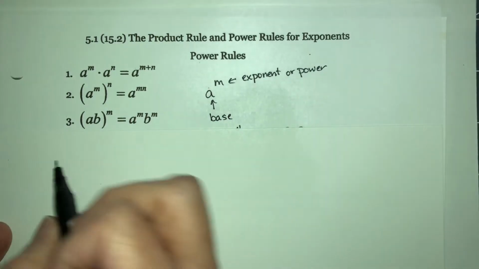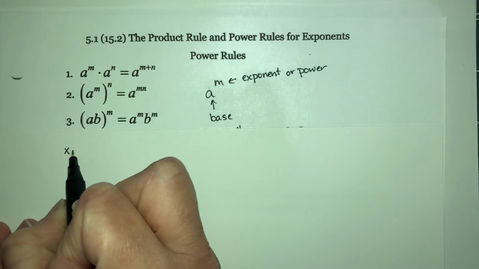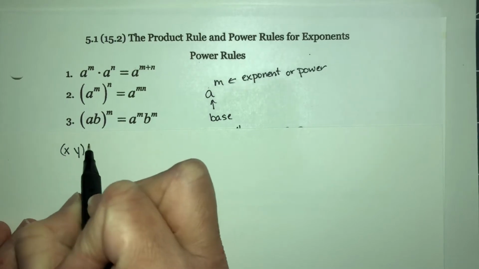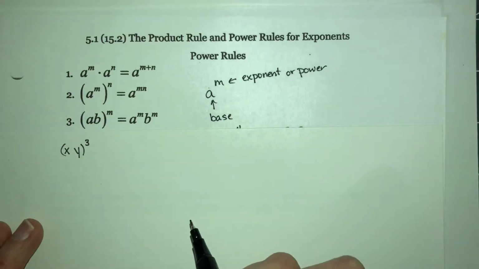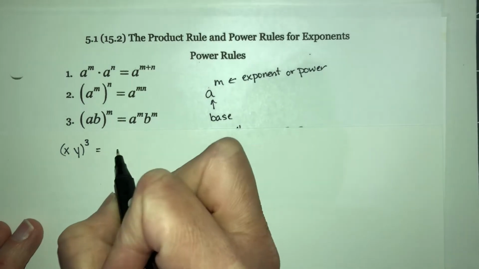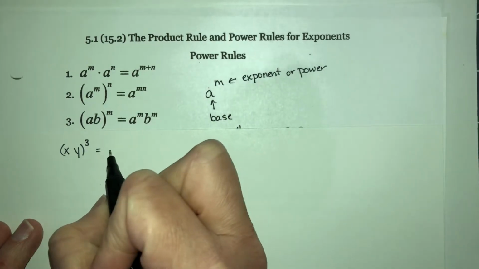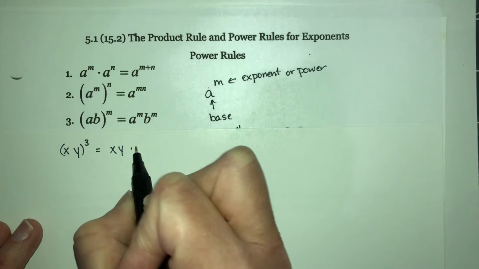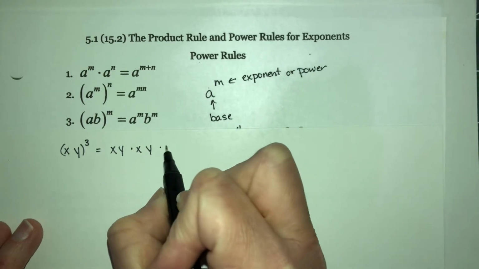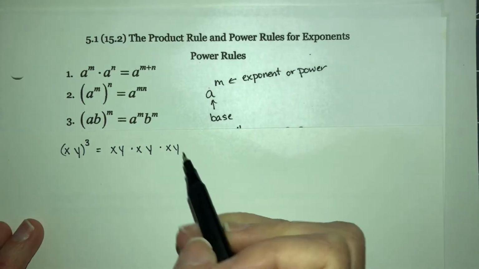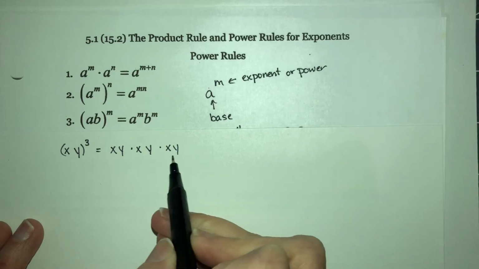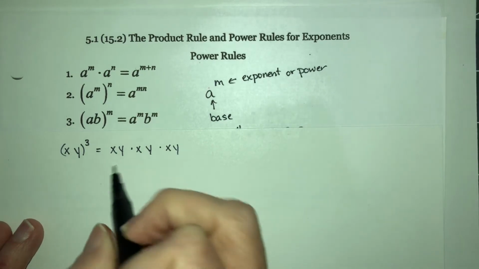So let's look at this. Okay, so let's say I have xy to the third power. What this means, by definition, is xy times xy times xy. Now, one of the things we know about multiplication is that we can rearrange these things all we want to.